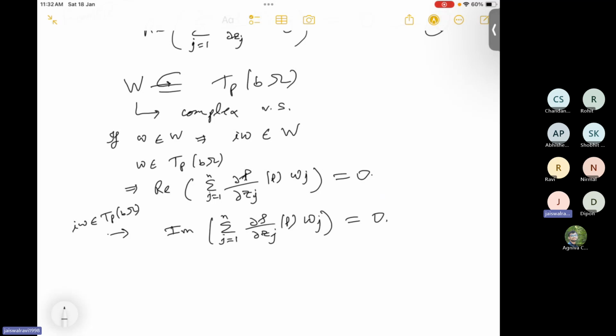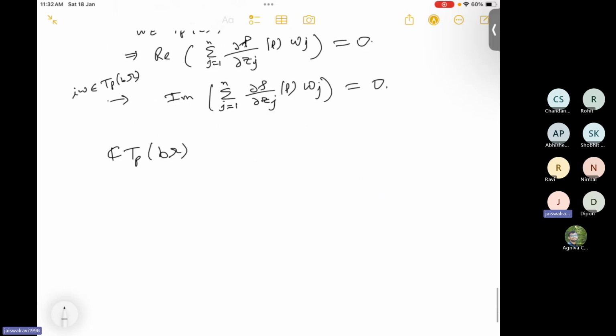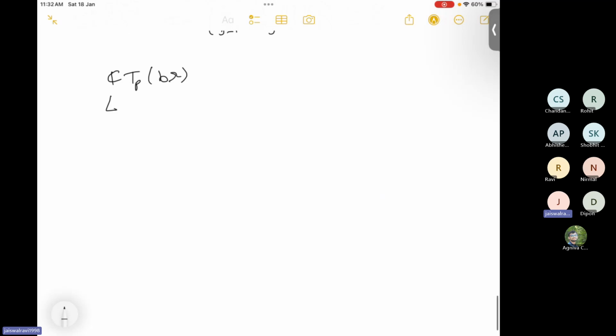Motivated by these two equations, and since we want a complex space contained in the real tangent space, we can define C T_P of boundary omega, which is the complex tangent space.